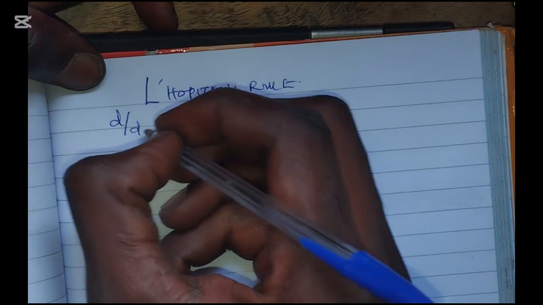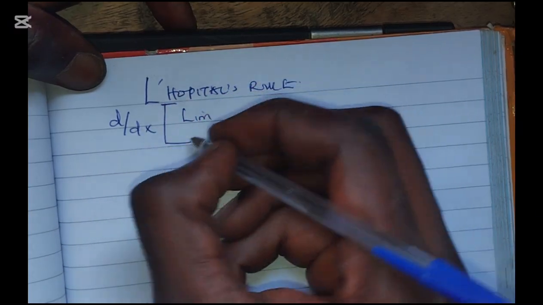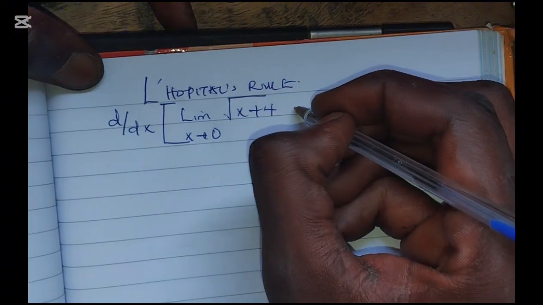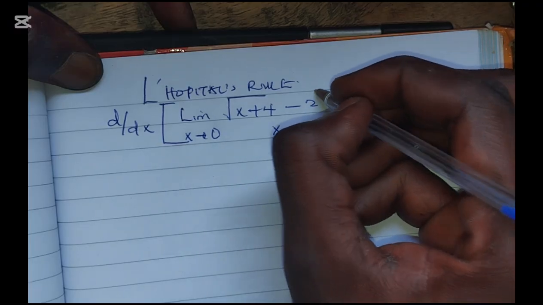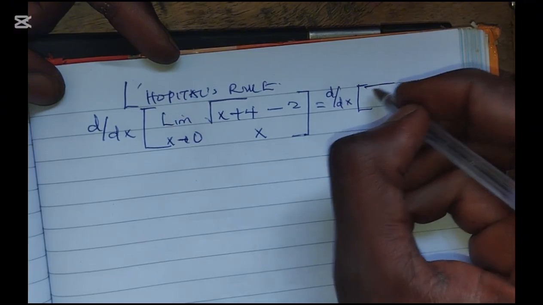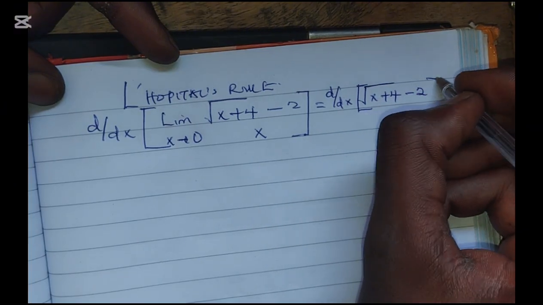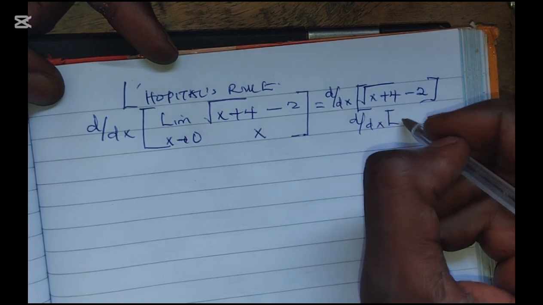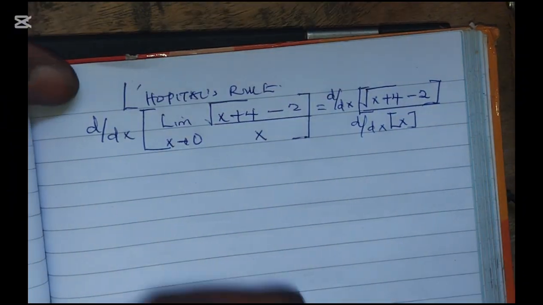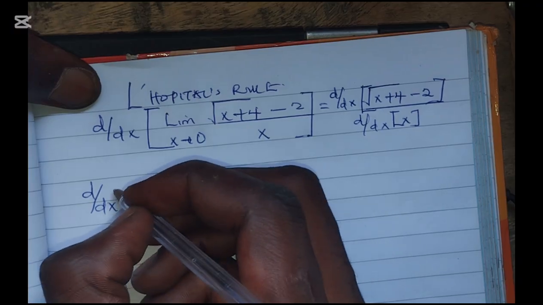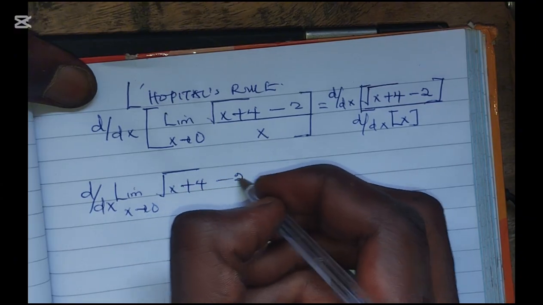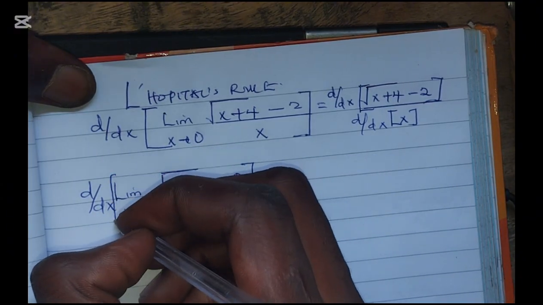So we have d dx of the limit as x goes to 0 of the function root of x plus 4 minus 2 all over x is equal to the derivative of root of x plus 4 minus 2 over the derivative of x.